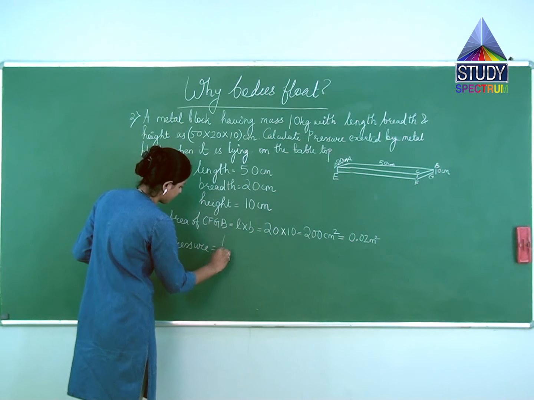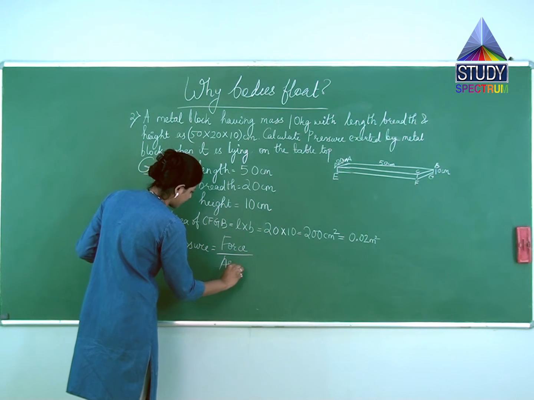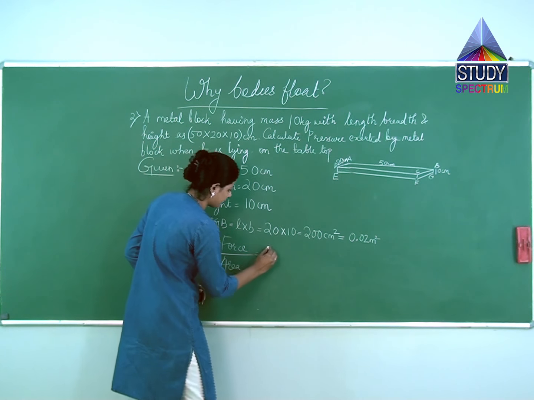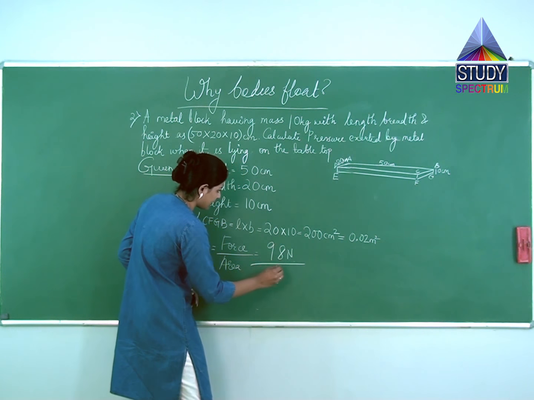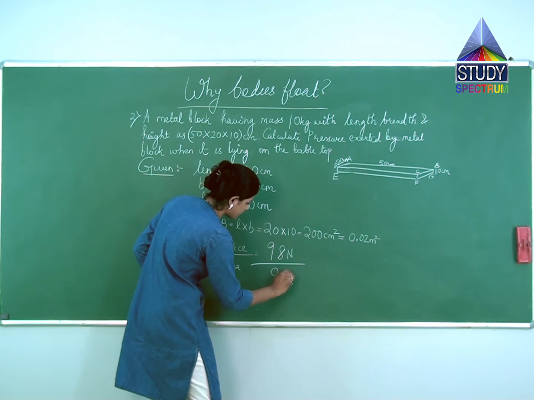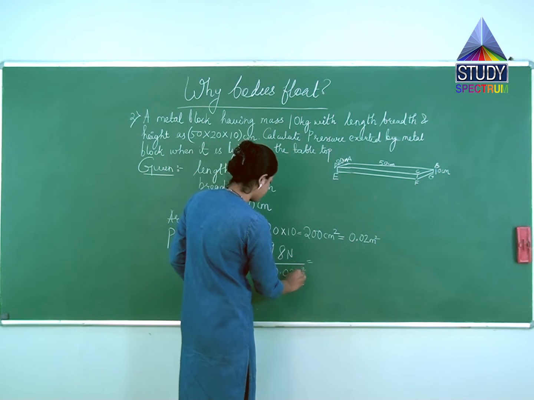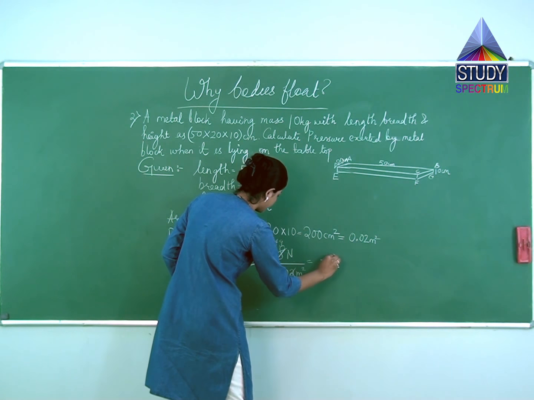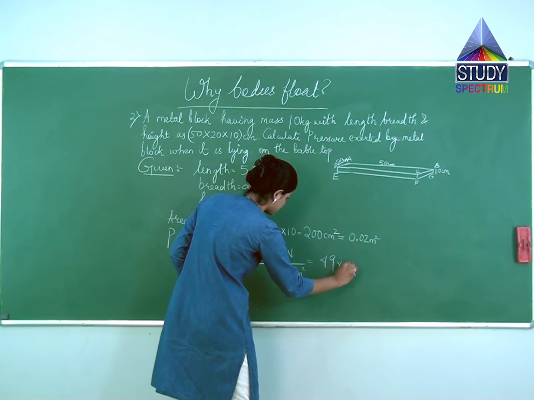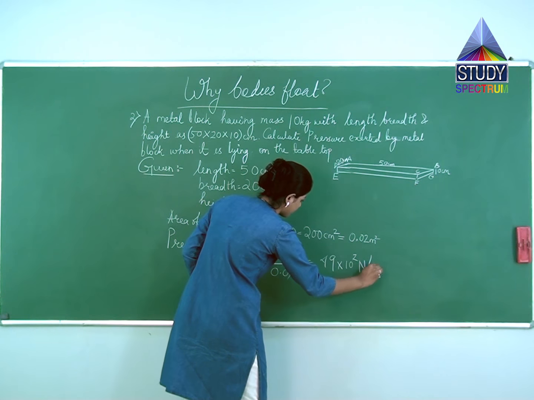Now applying this into the formula of pressure. Pressure is equal to force upon area, where force we have already derived as 98 Newton and area is 0.02 meter square. Calculating this, we will obtain 49 into 10 raised to 2 Newton per meter square.